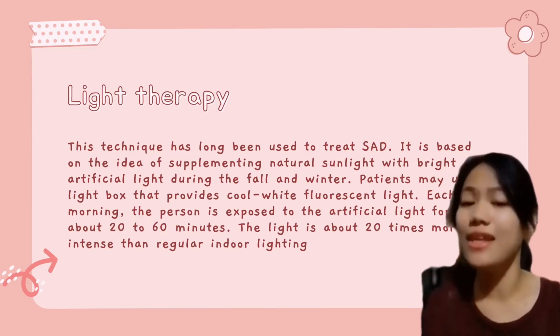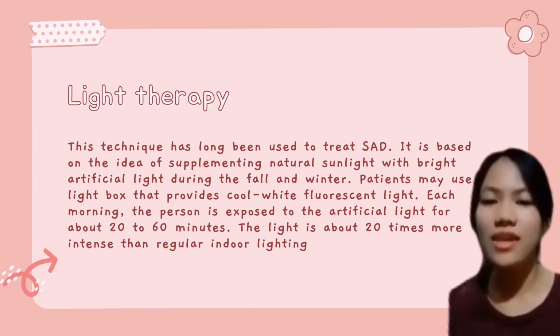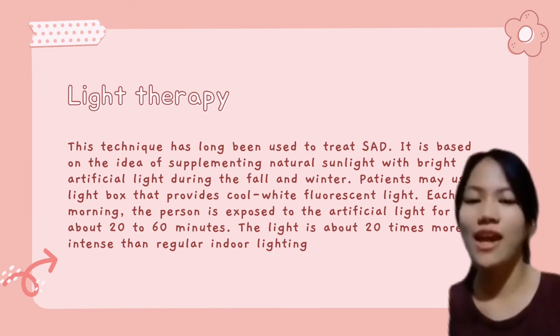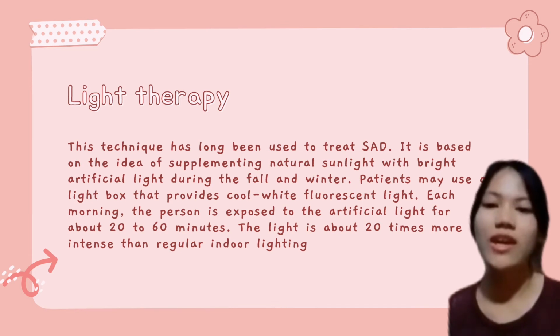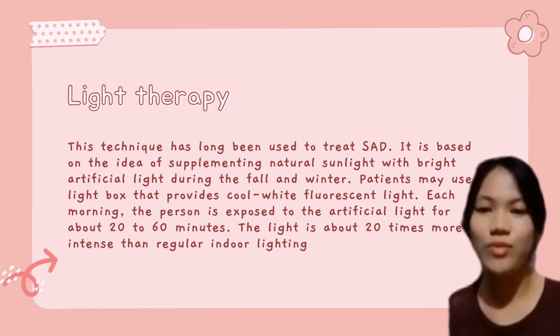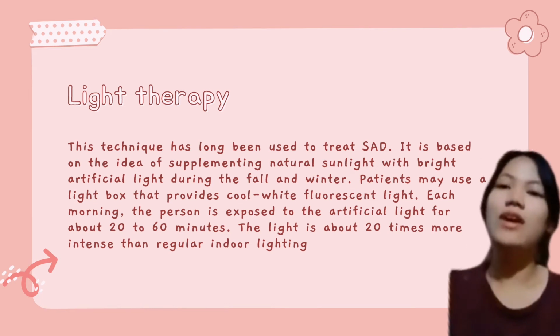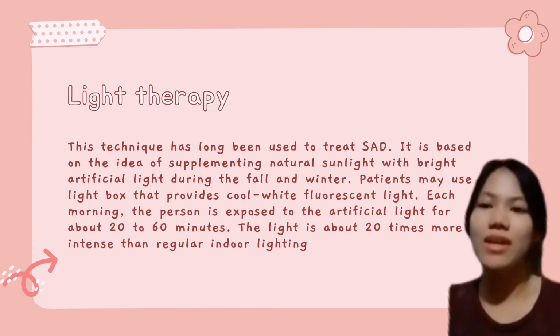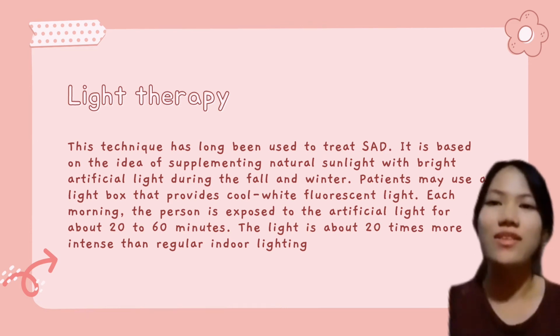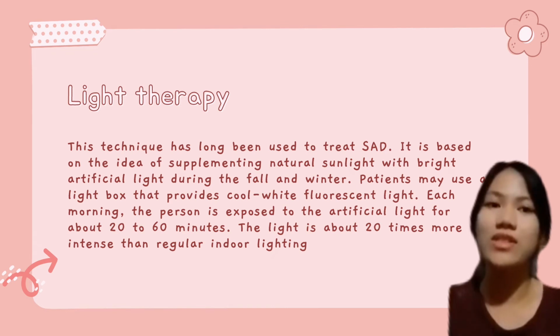The next is the light therapy. Here in light therapy, there is a technique that has long been used to treat seasonal affective disorder or negative emotion. It is based on the idea of supplementing natural sunlight with bright artificial light during fall or winter, because light therapy may cause chemical changes in the brain that lift your mood. Bright light increases positive mood neurotransmitters such as serotonin.